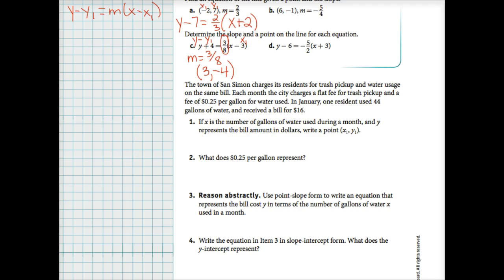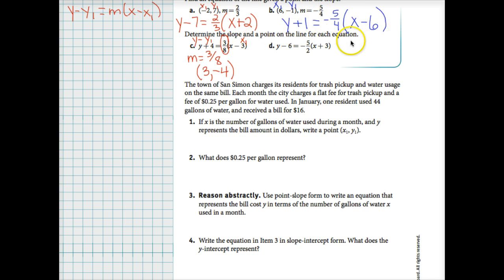All right, so let's go ahead and check your answers here. For this one, with my slope and my given point, this is x1, this is y1. So you should have done y minus -1, minus negatives become pluses, equals the slope, which is -5/4, parenthesis, x, minus, and then x1, which is 6.